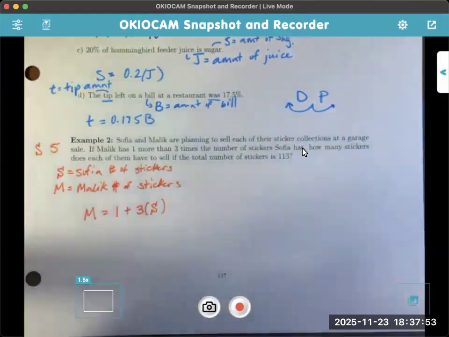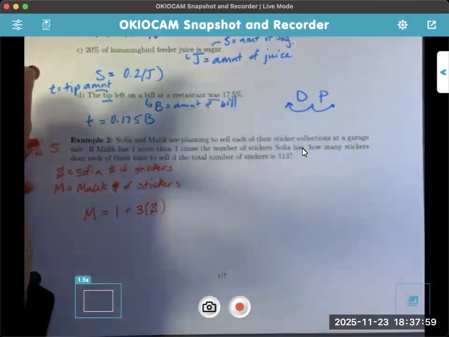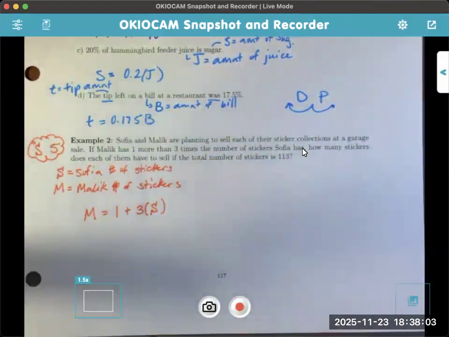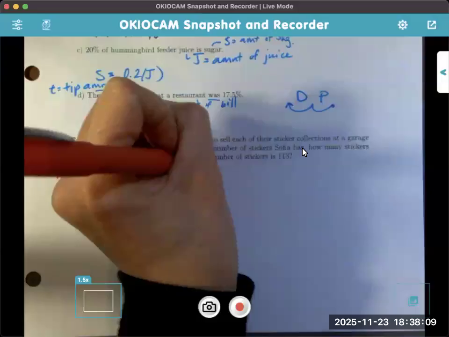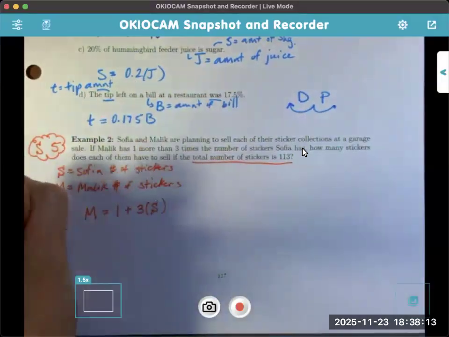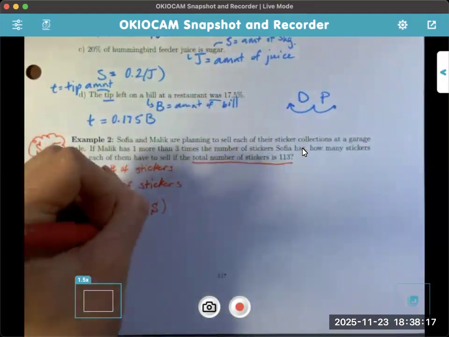If you have to make little notations for your S's and 5s, make sure that you do, because you do not want to get confused in your own handwriting, right? Your own calculations. And if I know that the total number of stickers is 113, then this says that S plus M is equal to 113.